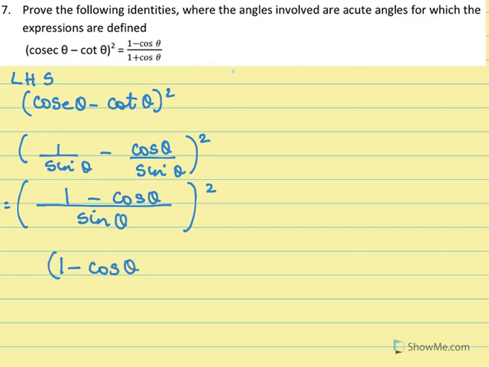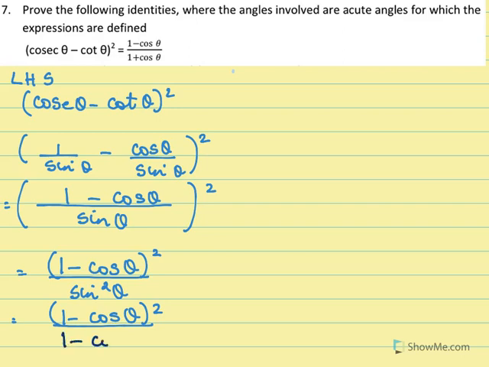So (1 minus cos theta) the whole square over sine square theta. Now again, (1 minus cos theta) the whole square. For sine square I am going to put 1 minus cos square theta, because I know sine square is 1 minus cos square theta. Now in the numerator, (1 minus cos theta) the whole square, so (1 minus cos theta) times another bracket of (1 minus cos theta).